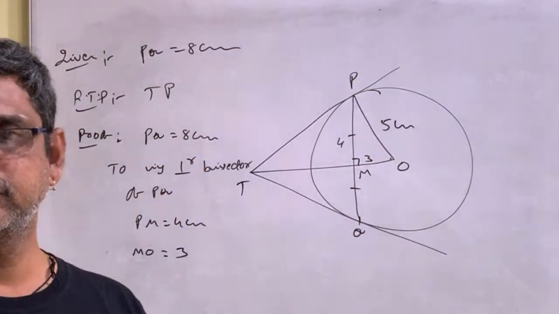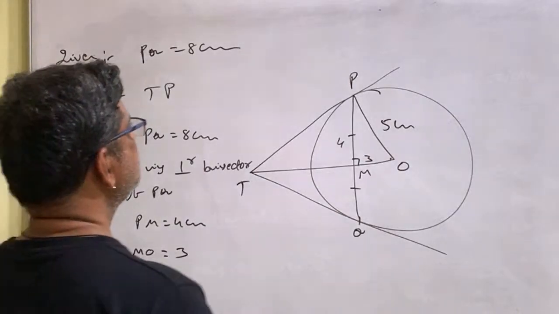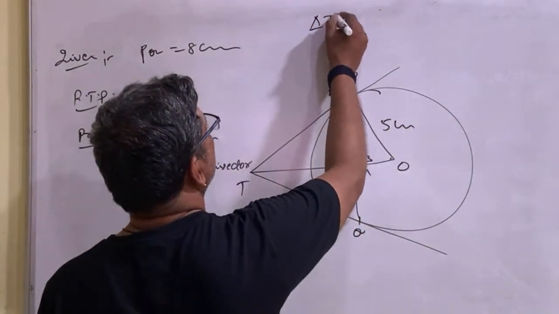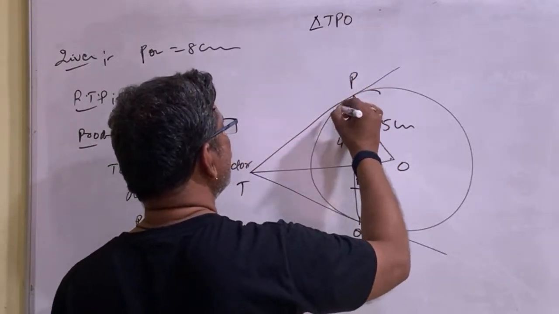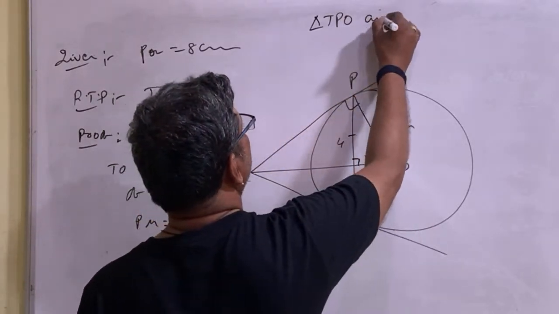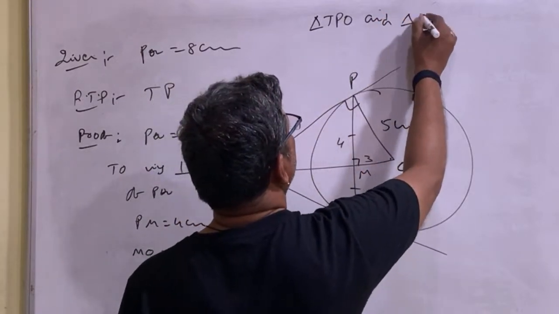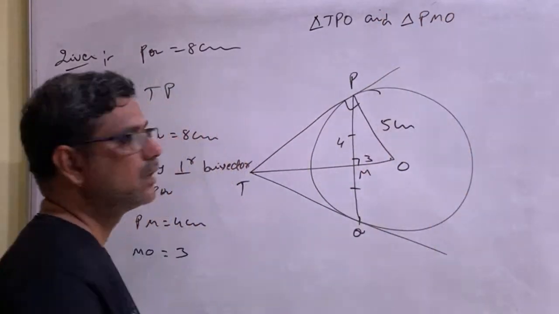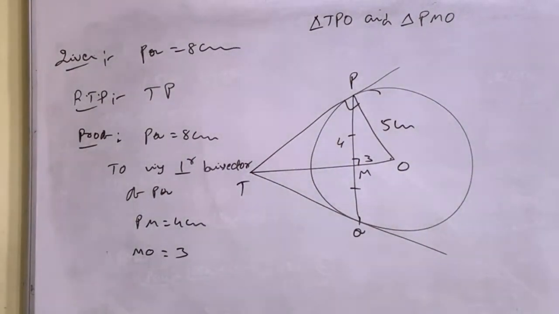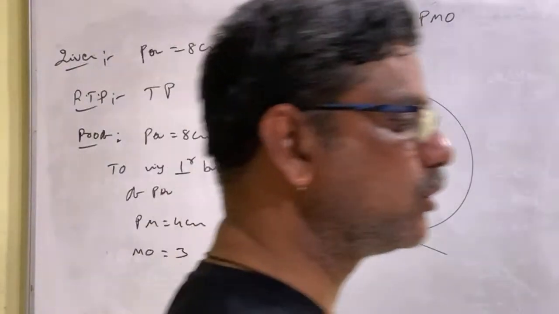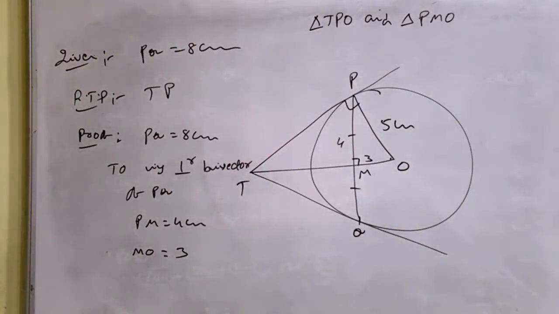Now consider triangle TPO and triangle PMO. Observe these two triangles, children.